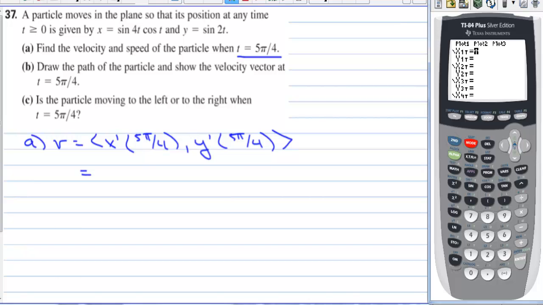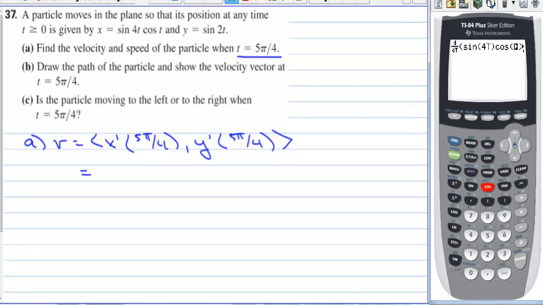So on the calculator, we can go to math number 8, which is n-deriv. So we're taking a derivative with respect to t, because I'm in parametric mode. Yours probably will say x's. It doesn't matter. And then we have sine of 4t. Yours probably says x if you're in regular mode rather than parametric.